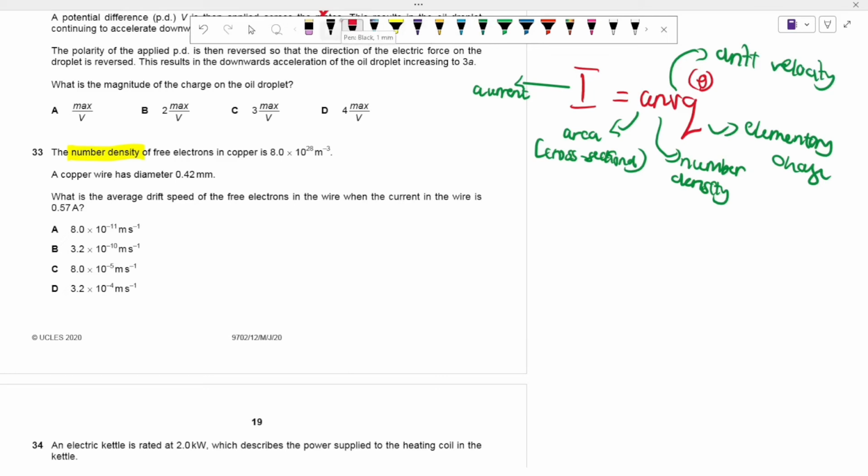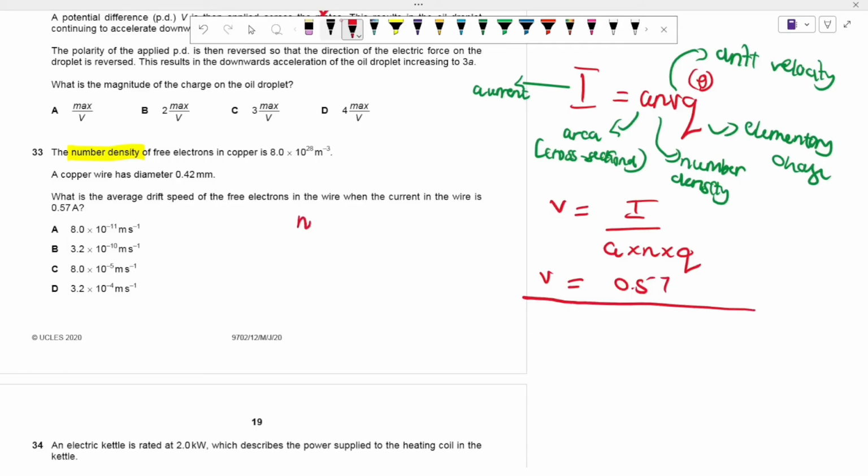We want to find the average drift speed of the free electrons in the wire when the current is 0.57, so we just want to find v. So v will be equal to I divided by A times n times Q. Your I is 0.57, your area is pi d squared over 4. Why? Because area is pi r squared, but your diameter is equal to 2 times your radius, so r is equal to d over 2, and r squared is d squared over 4.